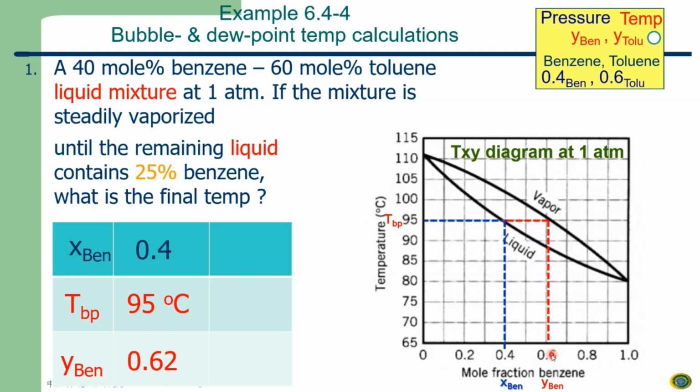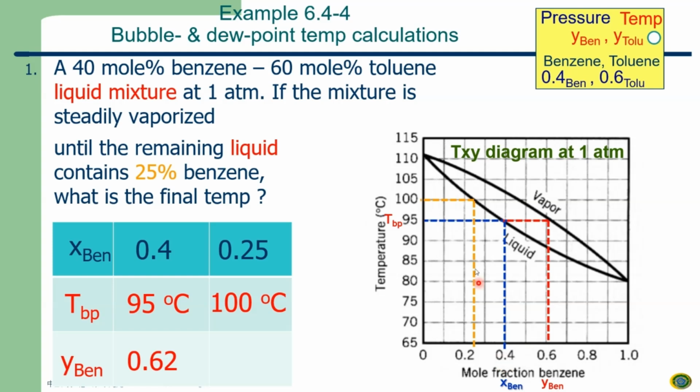62. Okay. And now I want to tell you that if this liquid contains 25% benzene, that means this is only 25. So what's the final temperature? If this reaches 25, then the temperature will be 100.